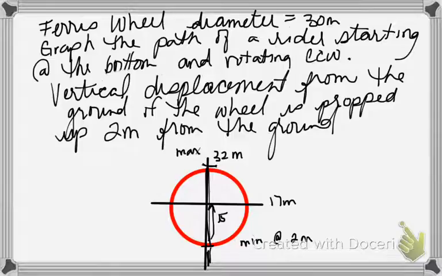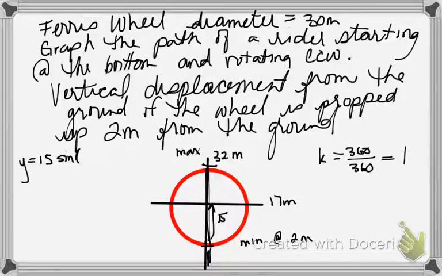So I can figure out amplitude if I have radius, which we said was 15, and that's also the a value of my function. Okay, so 15. Vertical displacement we usually use as a sine function, but you can also do it as a cosine function if you'd like. Sine, I know that the k value of this is 1 because it takes 360 degrees for a rider to get around the Ferris wheel, so that means that my k value must be 1.